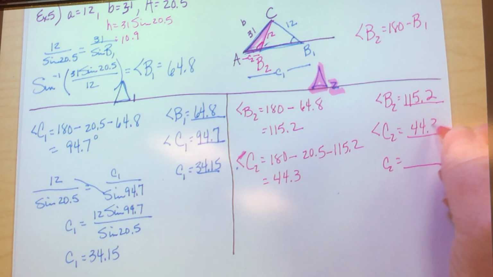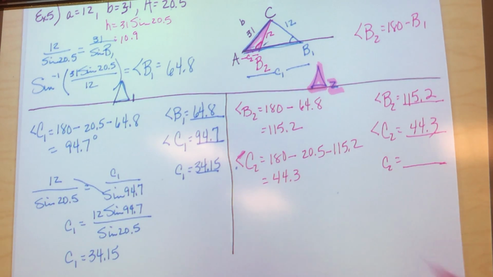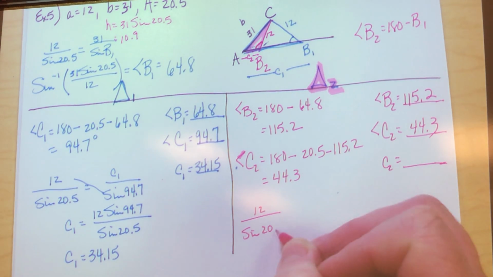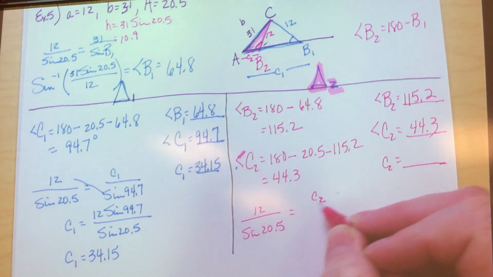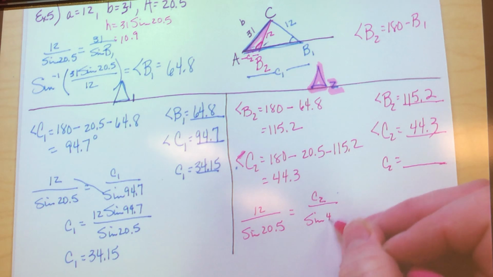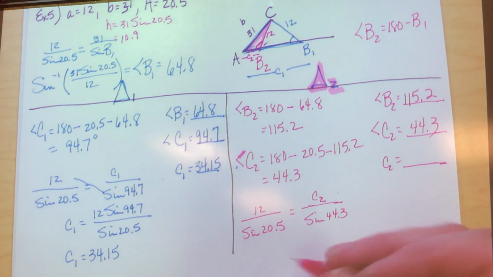Okay? Now how am I going to find side C? The same way I found side C over here, okay? I'm going to say 12 is to the sine of 20.5 equals C sub 2 over the sine of angle C sub 2, 44.3. Don't be inverse signing it, you people. You're looking for a side.